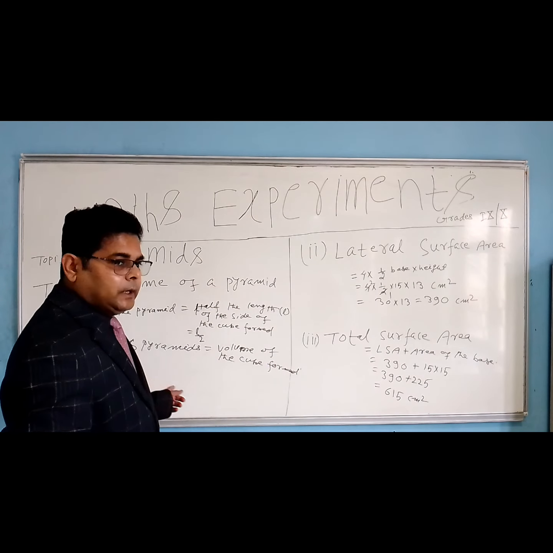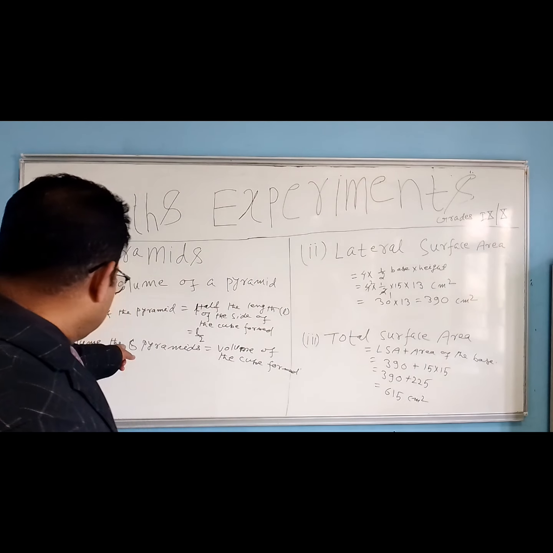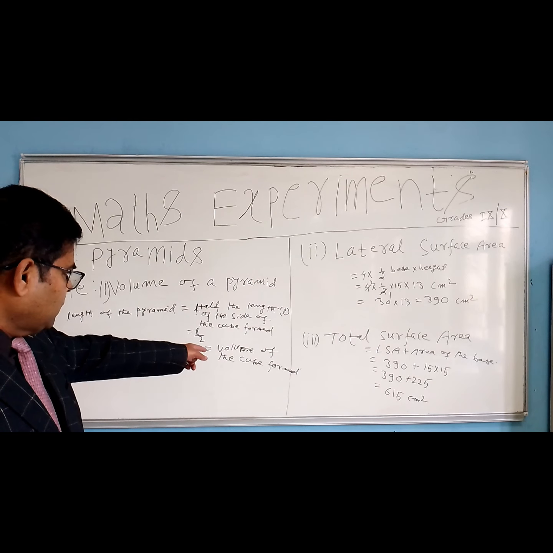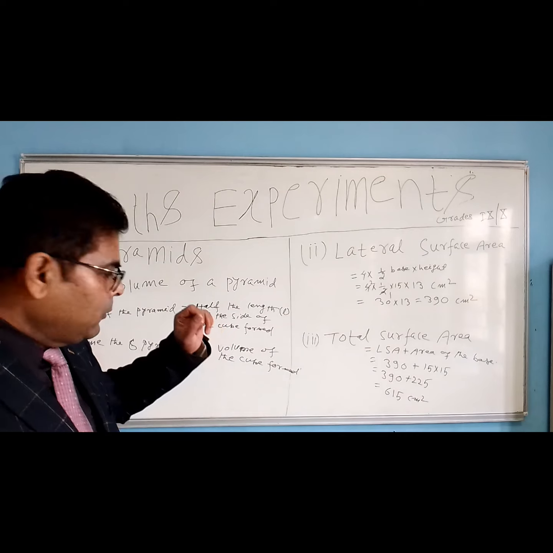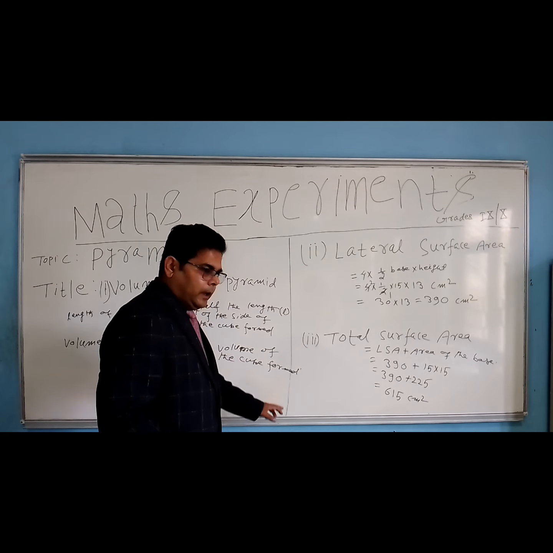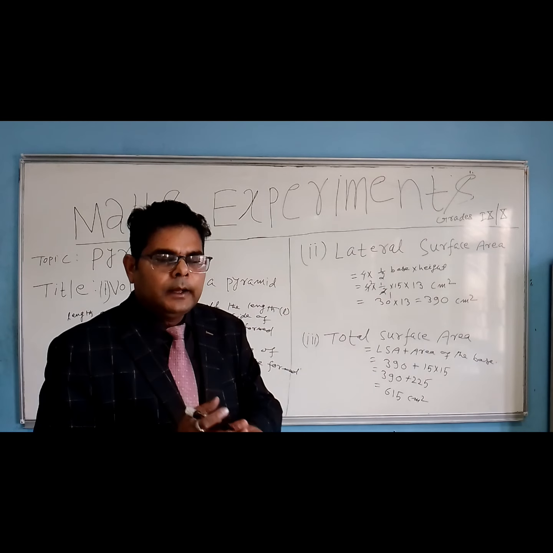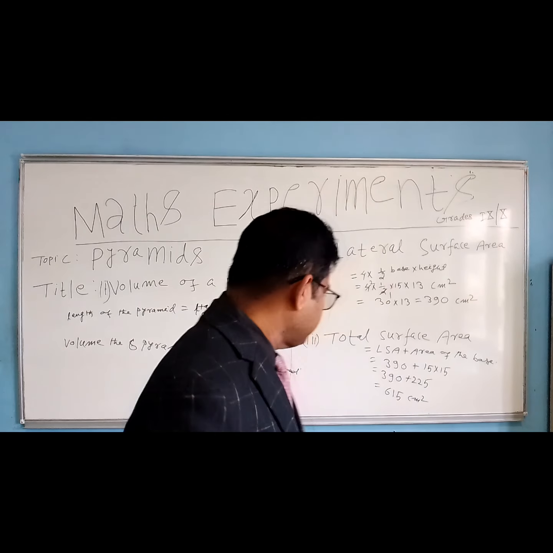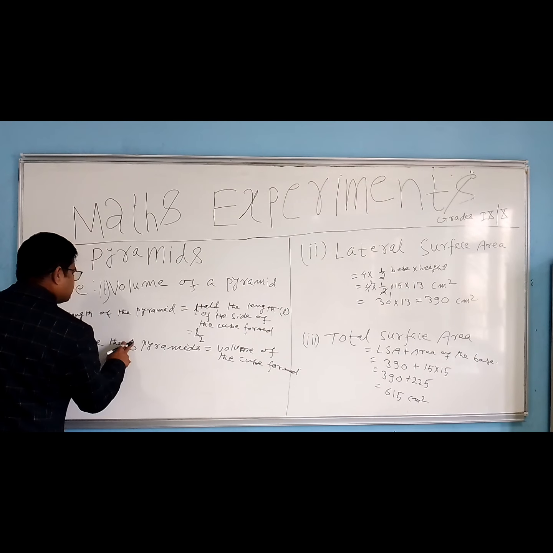So I have written here volume of the 6 pyramids equals volume of the cube formed. Why did I use this word formed? Because this cube has been formed by taking the 6 pyramids. So this is 6.